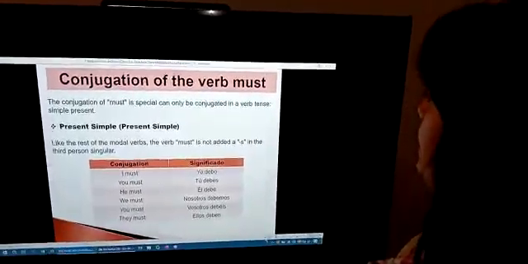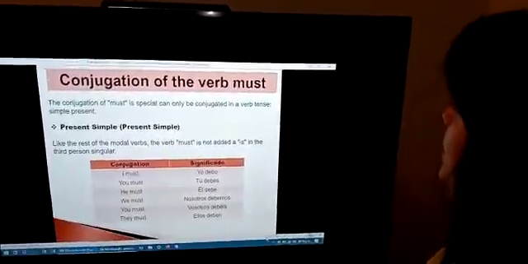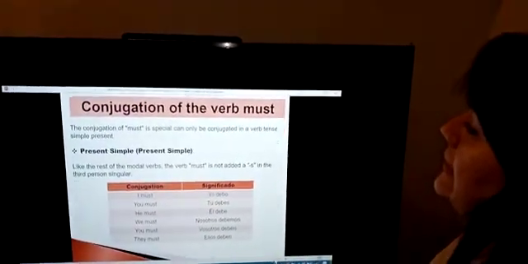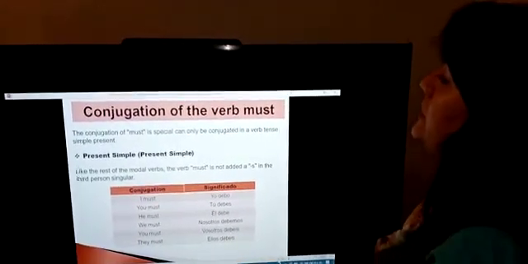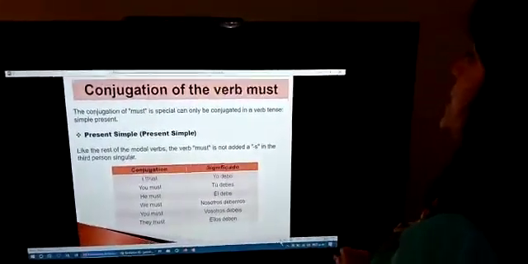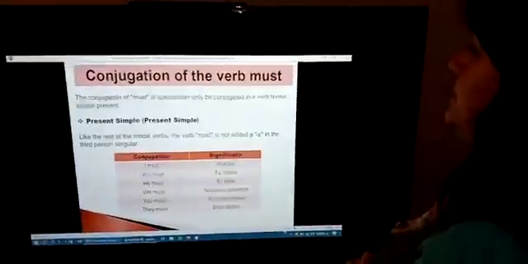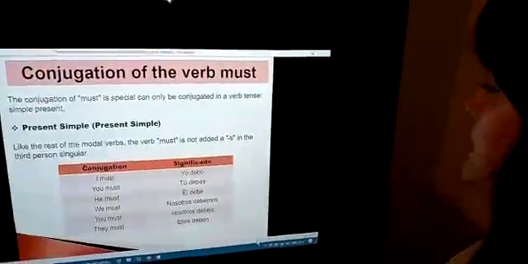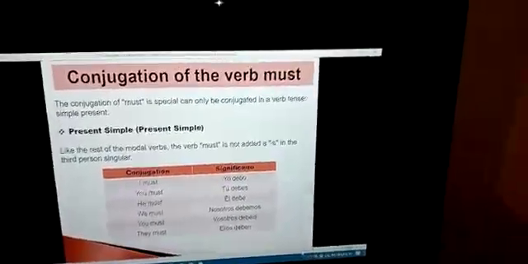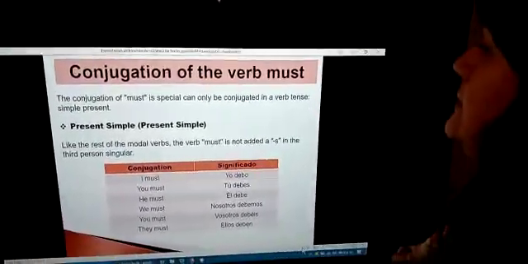Conjugation of the verb must. The conjugation of must is special; it can only be conjugated in the simple present tense.